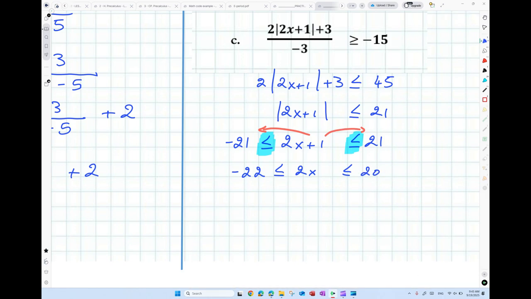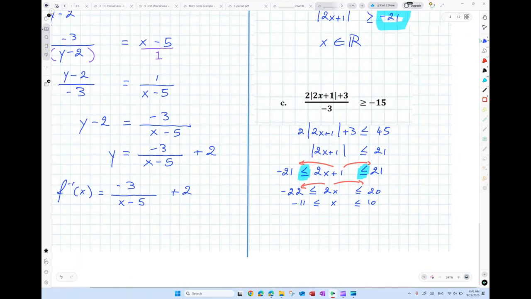See, I'm doing the exact same thing, but on both sides. And finally, x will be greater than negative 22 divided by 2, which is negative 11, but less than 20 divided by 2, which is 10.